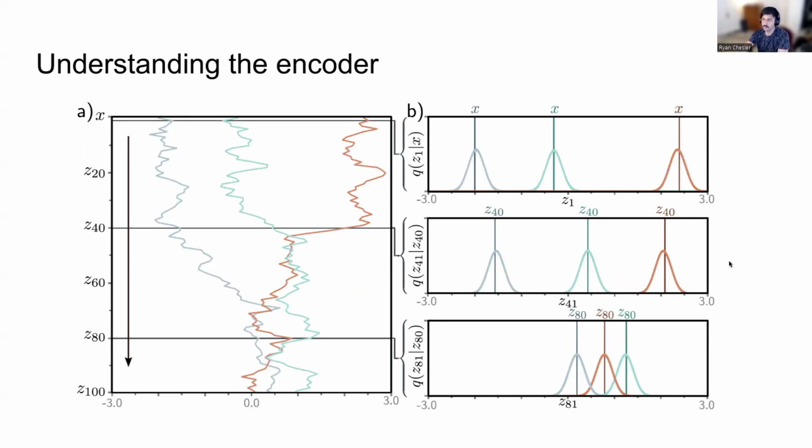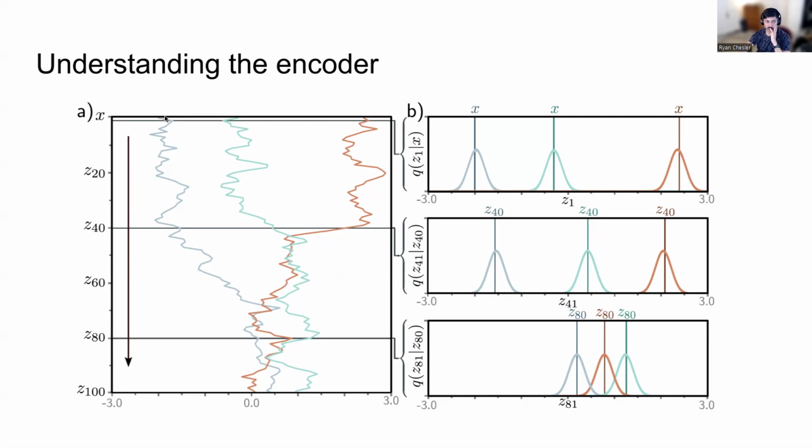What this ends up looking like, here's a chart showing various different input values. Imagine we have three different variables. One of them is over here at maybe -2 or something like that. One of them is closer to 0. One of them is closer to 3 over here.